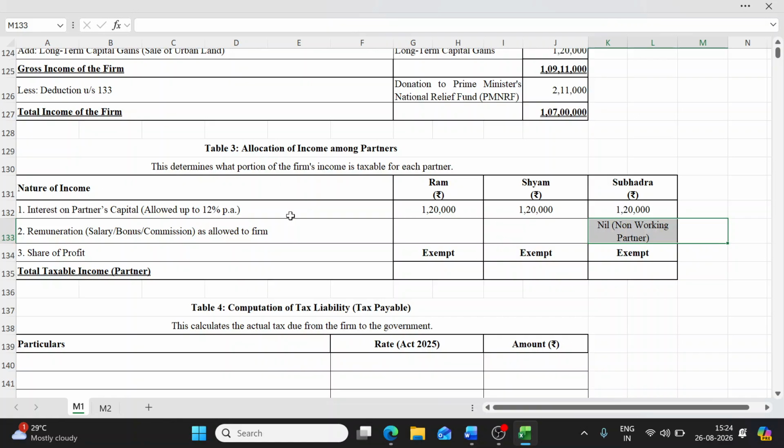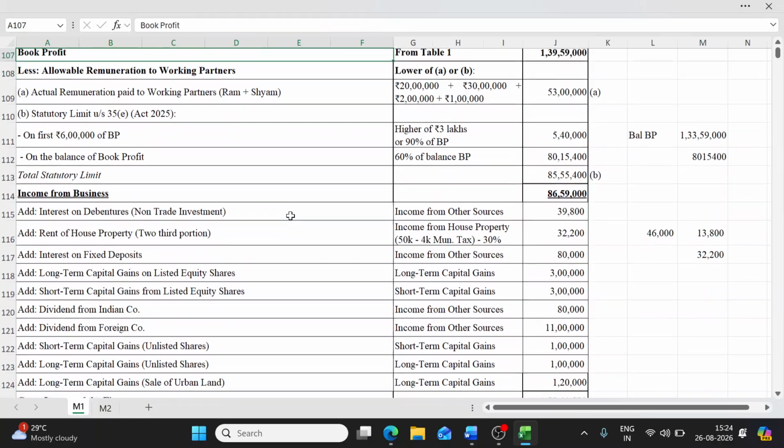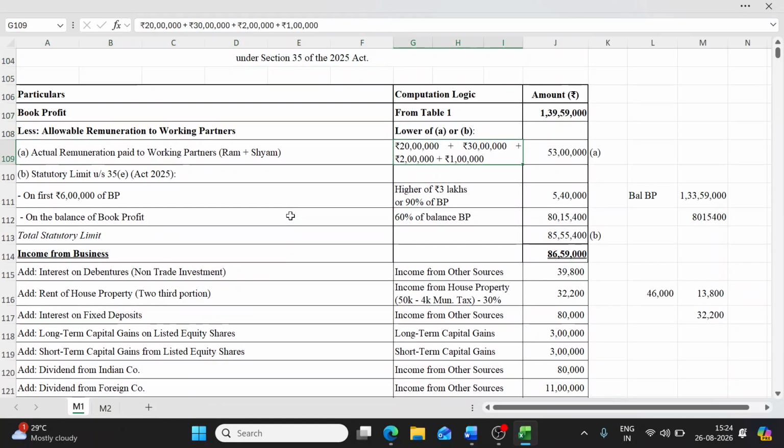But Ram and Sham were working partners, and the partnership firm has claimed deduction for Ram's remuneration and for Sham's remuneration. If you want to cross check, you can go to table 2 again. In table 2 you will find this 53 lakhs rupees deduction the firm has got. So it has claimed the deduction, so it is taxable in the hands of Ram and Sham.